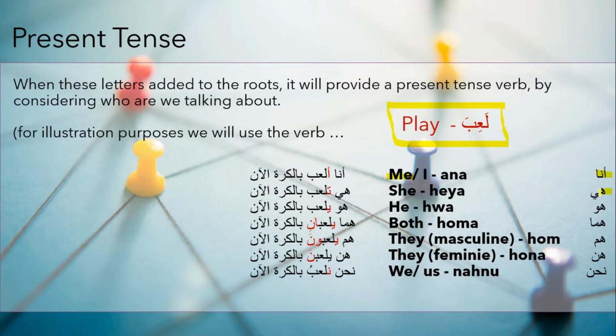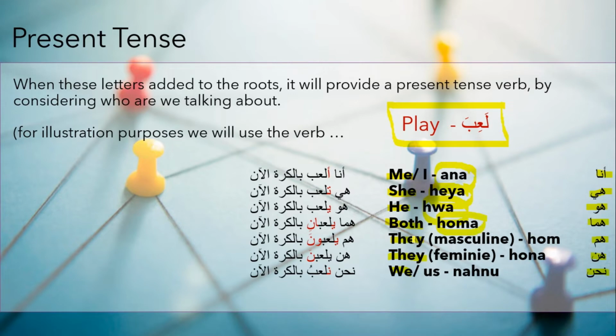هي, she. هو, he. هما, both, dual. We don't have this in English. هم, they. هن, they. نحن, we and us. So these are the pronouns that we can use to express the verbs in a way that makes it easy for you to understand.